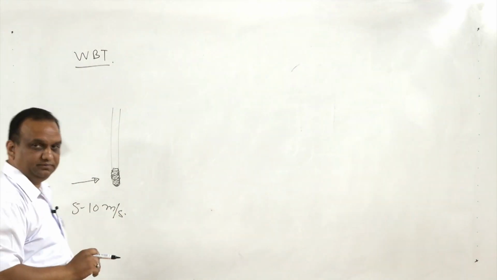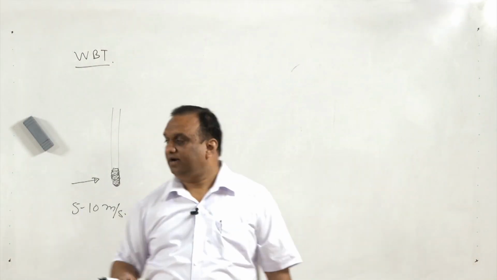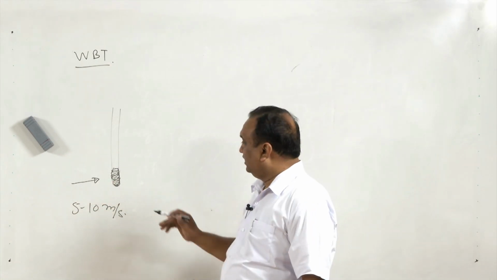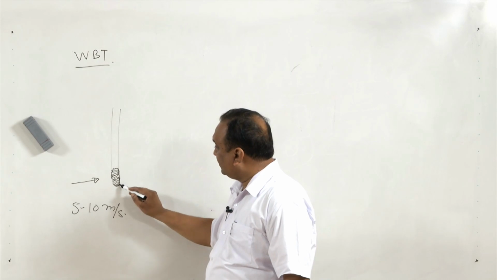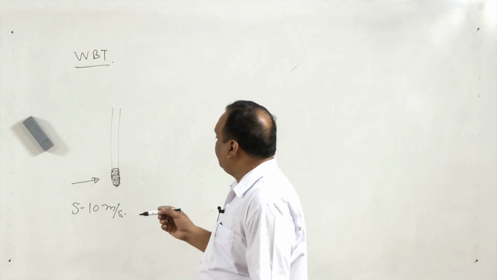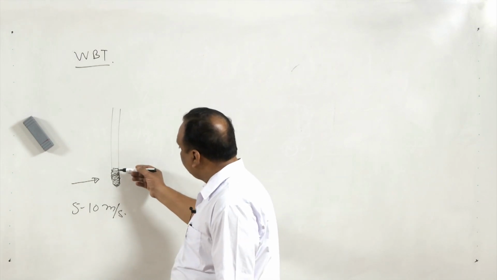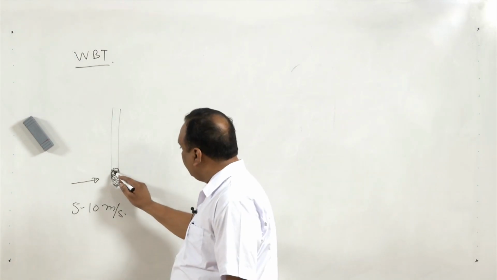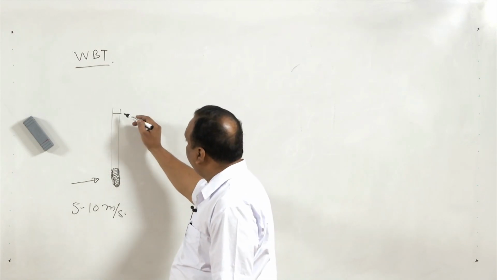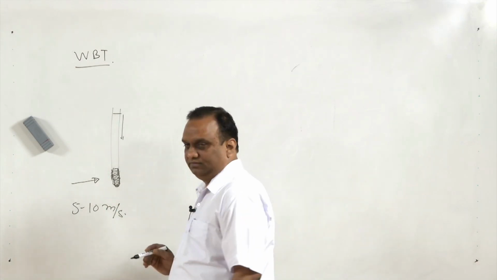Then what is going to happen? The moment the air is blown over the wet cloth, the evaporation of water from the surface will take place, and for the purpose of evaporation of water from the surface, the heat will be taken from the bulb and the temperature of the bulb will go down.